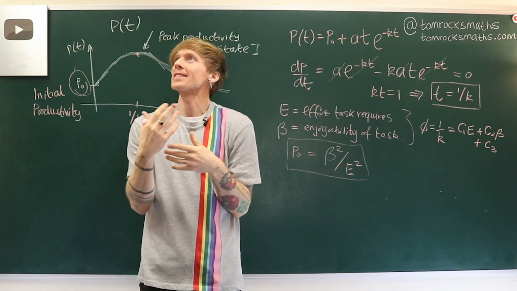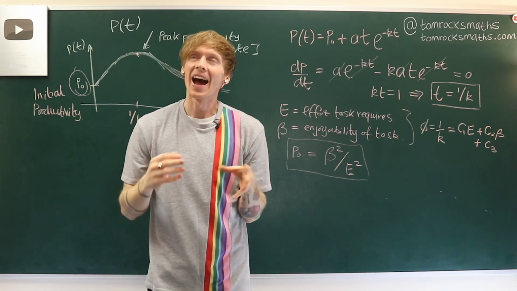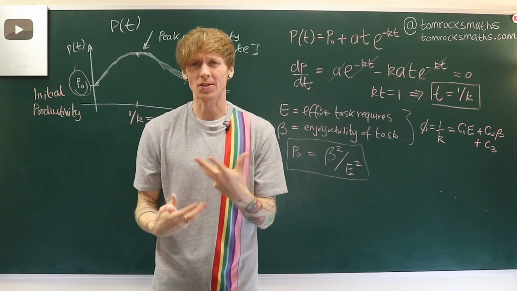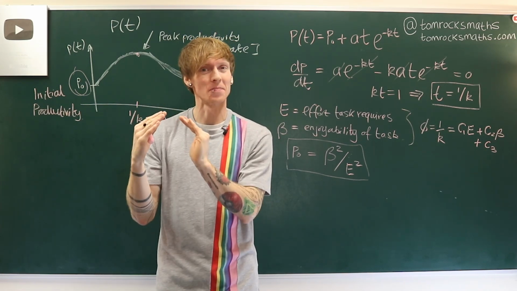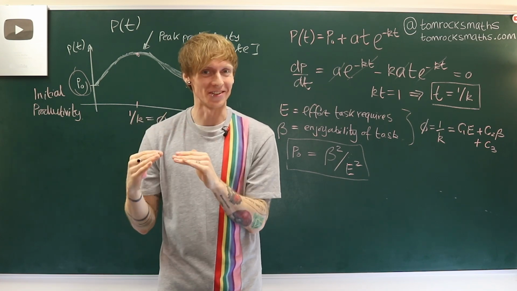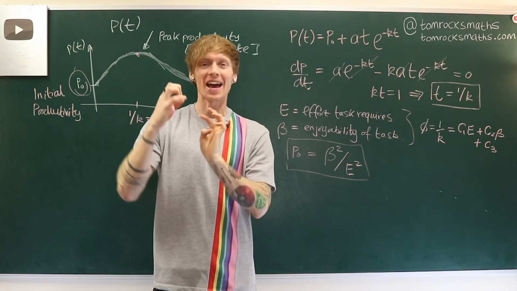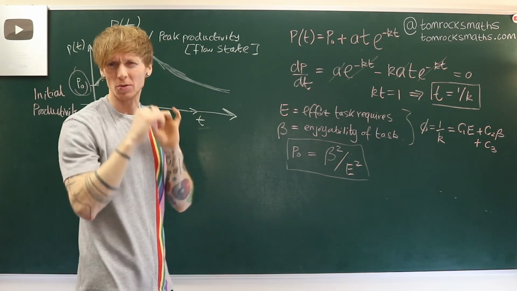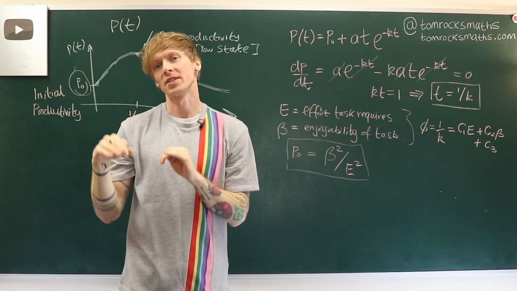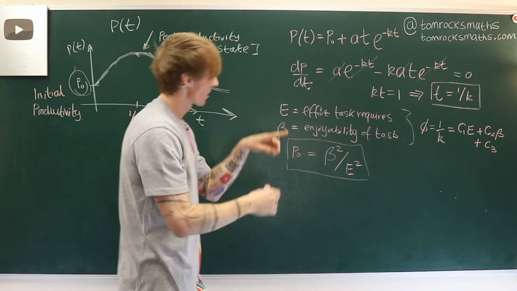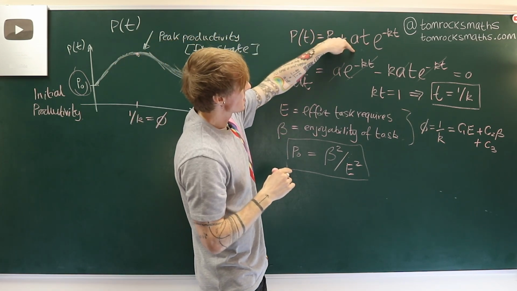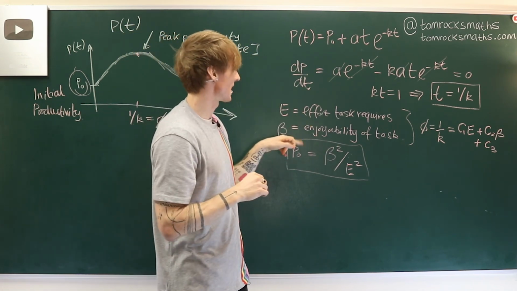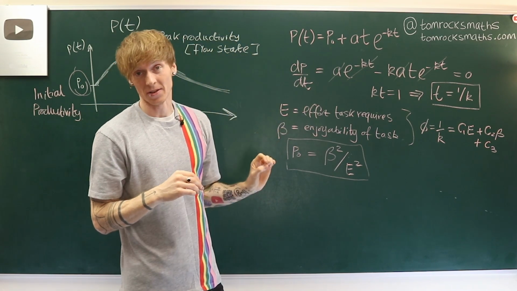You can imagine, let's say, playing a video game, and for those video games which are really difficult and require a lot of effort and thought and concentration, when you're in the zone, you really are in the zone. So that's telling us that the high effort tasks actually will have a larger peak. You are more productive when you're in the zone, when you're in your flow state for those high effort tasks. So that means that our amplitude A, we expect to increase with beta, the enjoyability, and to increase with E, the effort.